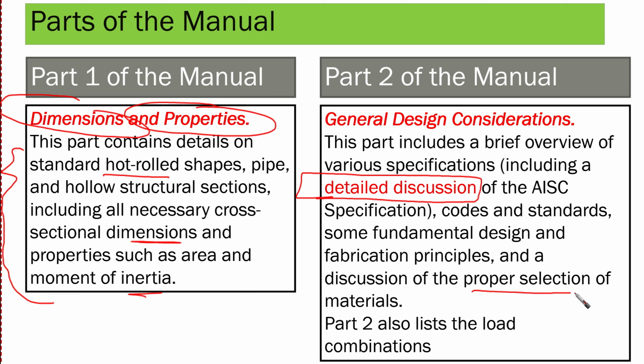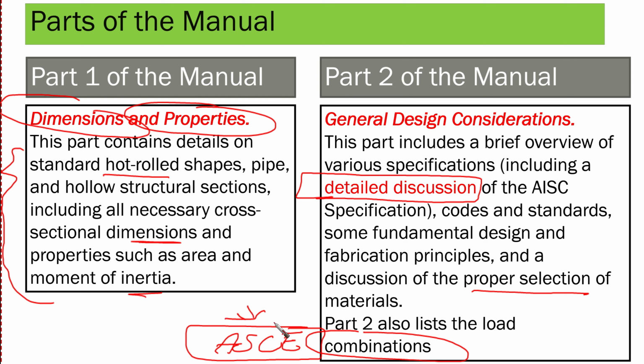That's very important also. And then this part also lists the load combinations. As we said before, for load combinations, whenever the specific material code, like steel, or if we're talking about concrete, ACI or something, they are referring to ASCE in general. But sometimes the code or the manual prefers or gives some hints about the usage of some specific load combinations in ASCE.